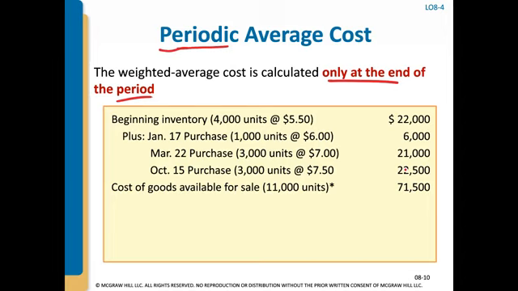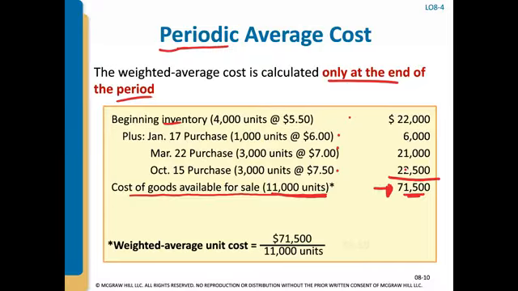We're going to look at our beginning inventory plus all of our purchases during the year, right? So here we have our cost of goods available for sale of $71,500. This is our beginning inventory plus the three different purchases we made throughout the year. The dollar value assigned to that is $71,500, and we have 11,000 units on hand.